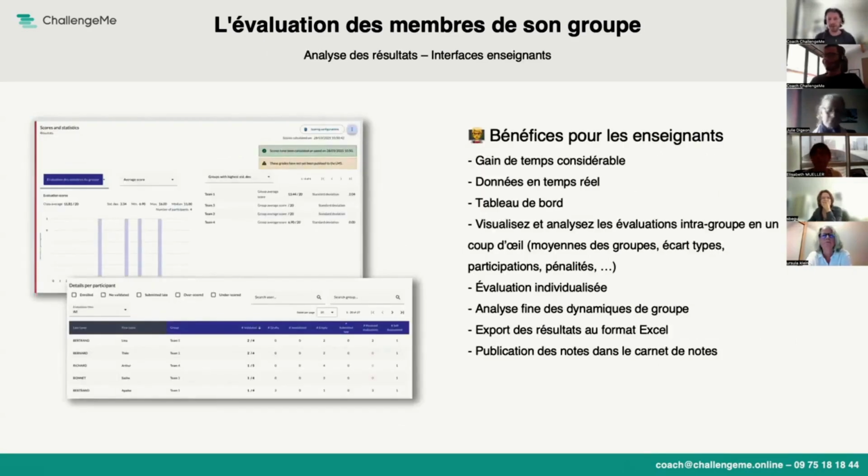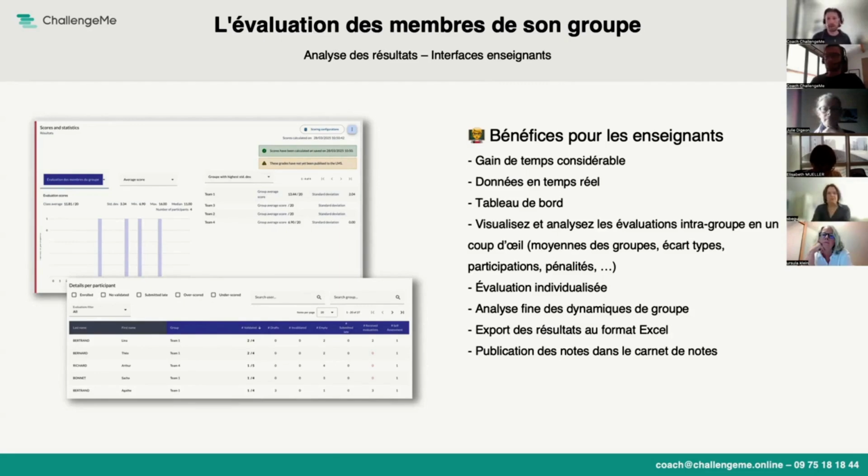On the teacher's side, we'll take a look at some interfaces that provide much more information for the teacher, of course, with fairly detailed dashboards where all the available information is displayed, including the group average and the standard deviation within a single group.